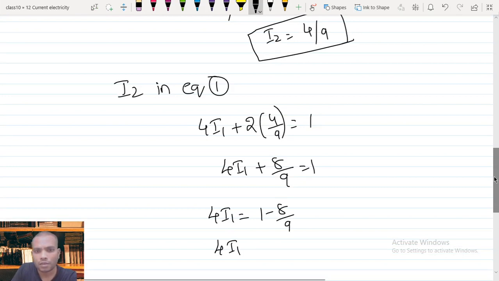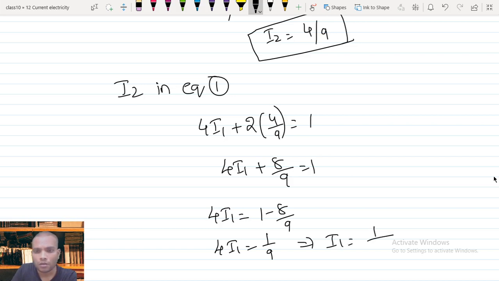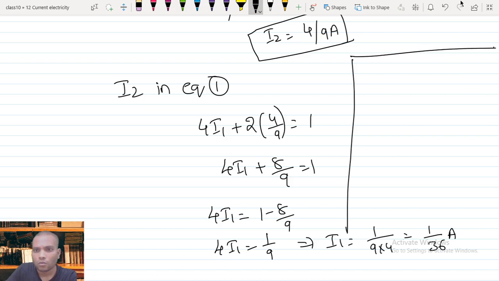Taking the LCM, 9 minus 8 upon 9, it's 1 upon 9. That implies I1 equals 1 upon 9 times 4, so 1 upon 36 amperes. Now I got I1 equal to 1 upon 36 ampere and I2 equal to 4 by 9 ampere.